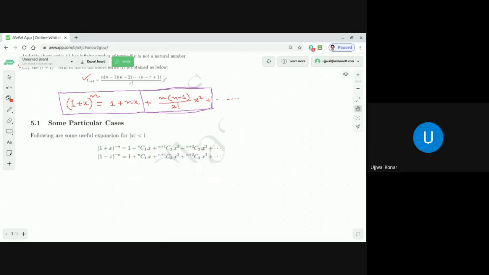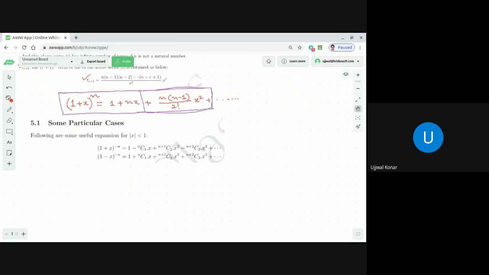So when mod x is less than 1, we can say that (1 plus x) power minus n, which actually comes from the above formula, is 1 minus nC1 into x plus (n plus 1)C2 into x square minus (n plus 2)C3 into x cube and so on.